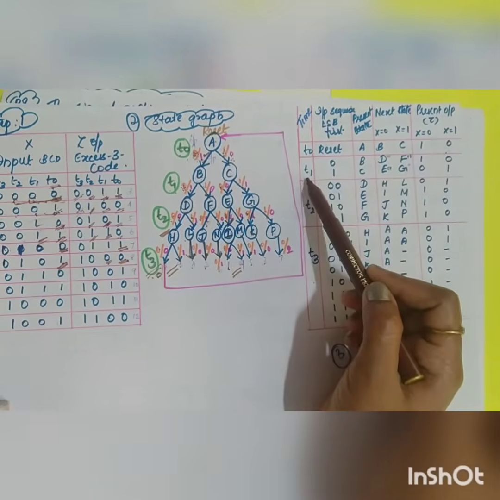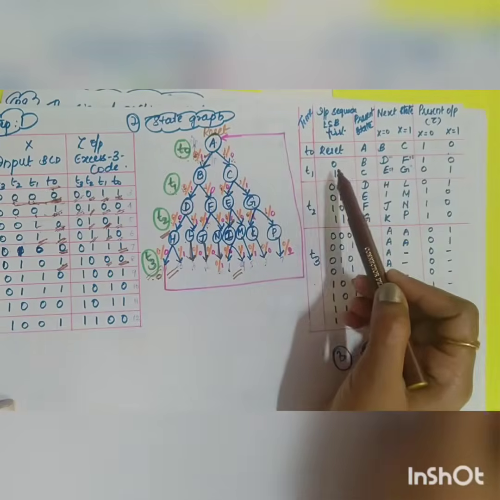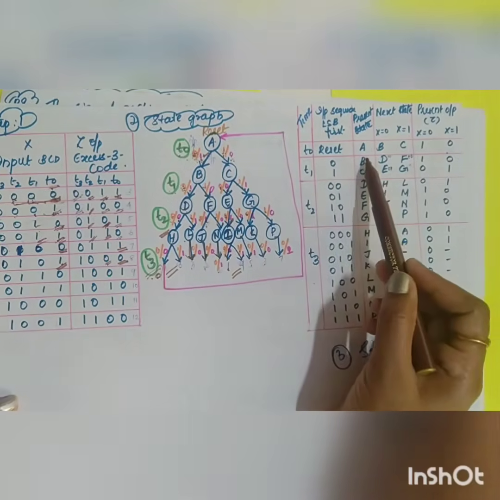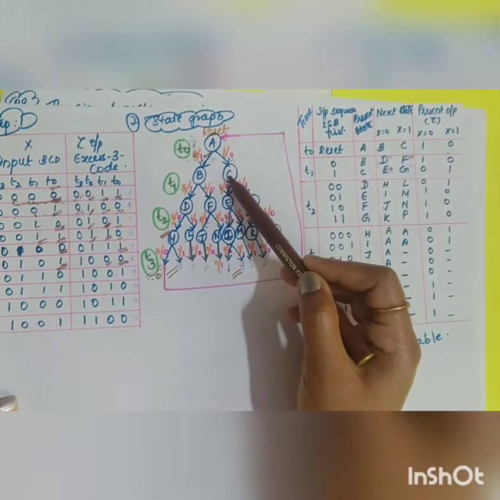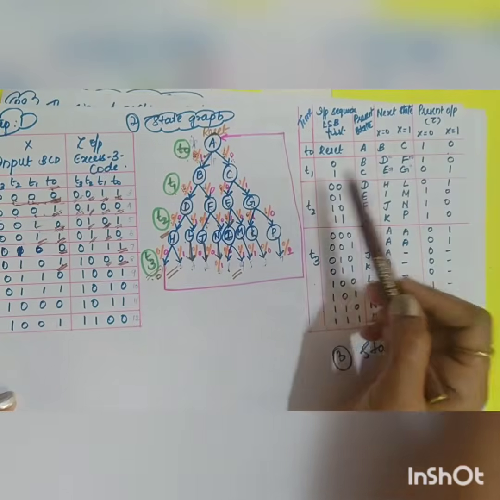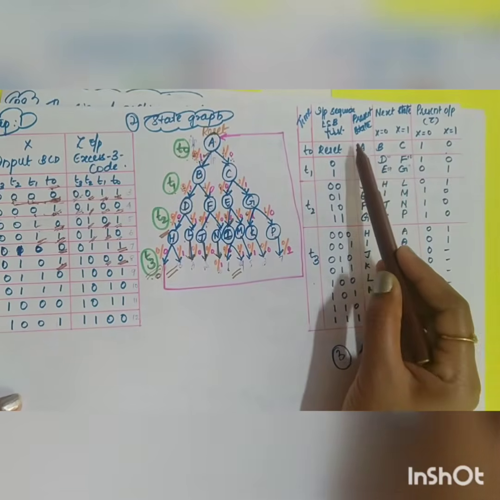Let us see the next state, at time t1. What is your present state? B and C. What are your inputs? Either 0 or 1. Now what is your next state? D, F, E, G. That is what is written here. D is when x is equal to 0, it is 0, 0.